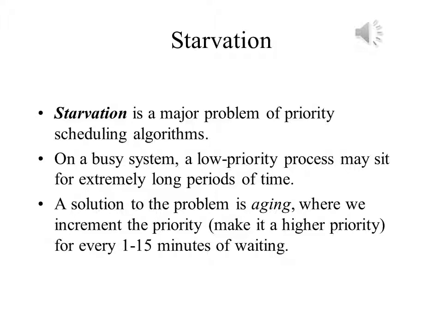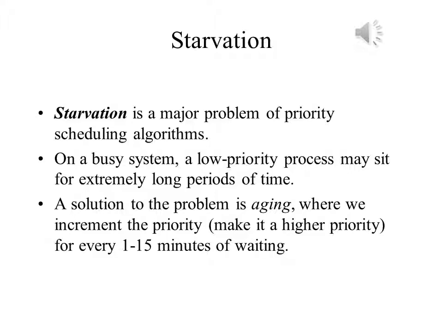On a busy system, a low priority job can wait for extremely long periods of time. If you have ever waited at a stop sign to cross a busy 4 or 6 lane avenue, you know how that would feel.